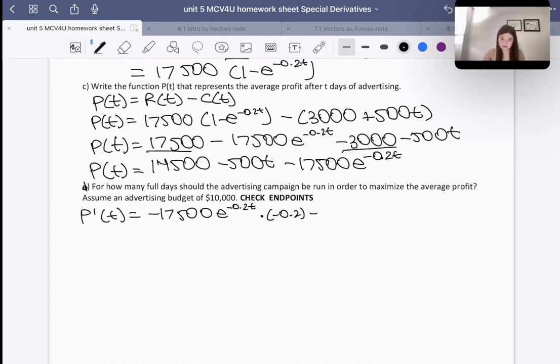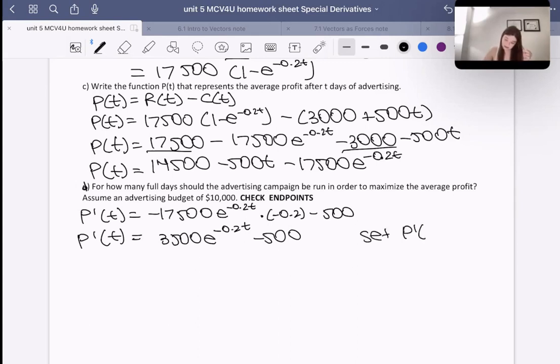We're going to subtract 500. That was correct, right? So minus 500. All right. So if we simplify that one step further, we're going to get 3,500 e^(-0.2t) minus 500.